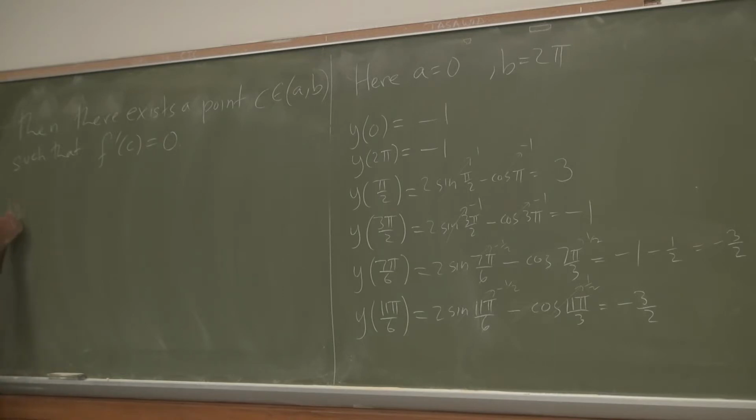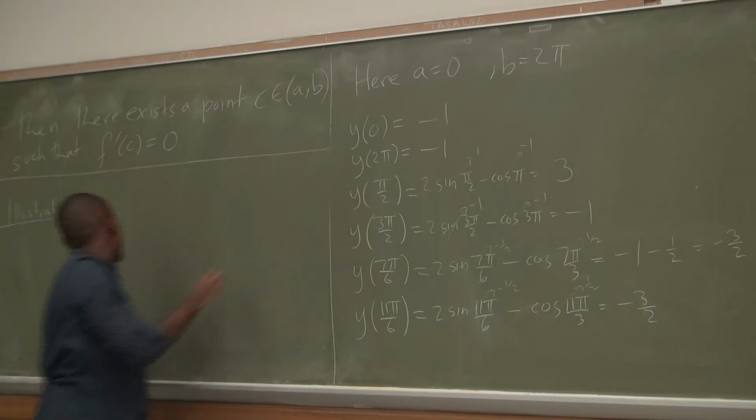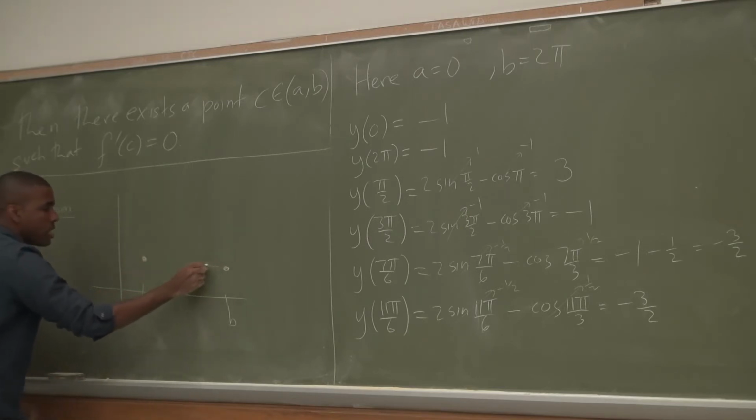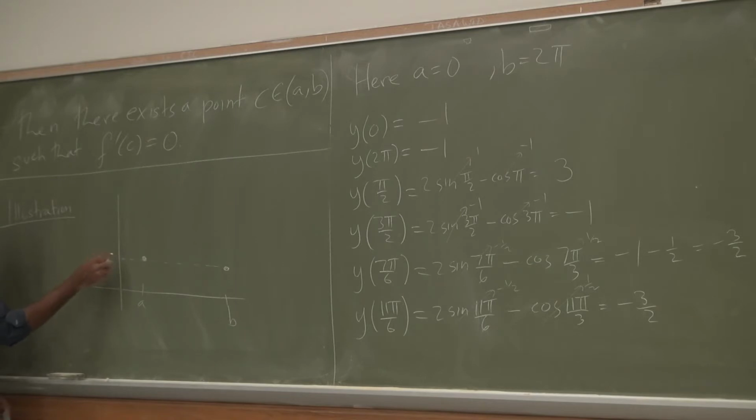So that's Rolle's theorem. Illustration, it means the following. You have a function on [a, b], it's continuous, right? And f of a and f of b happen to give you the same value.